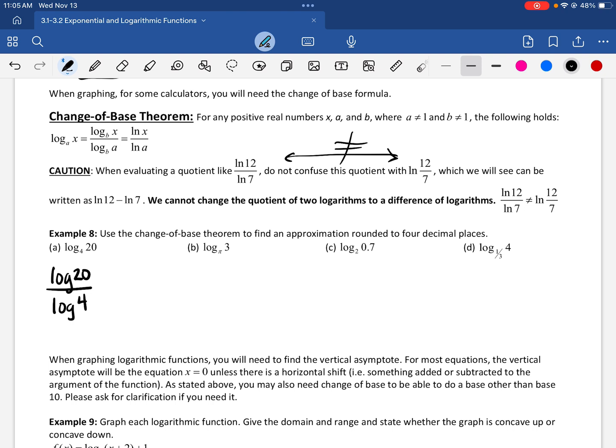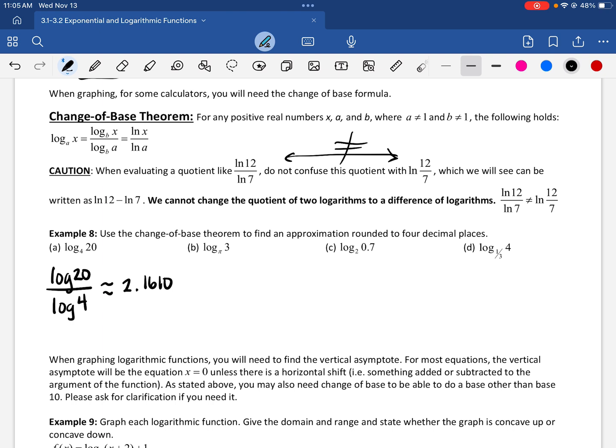So we'd have log of 20 divided by log of 4. And again, you would just type that in your calculator, and we would get approximately 2.1610.